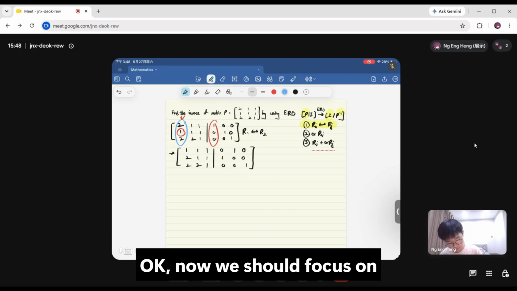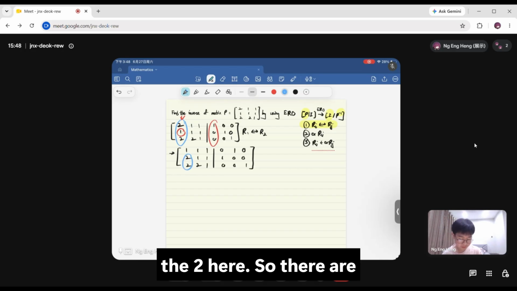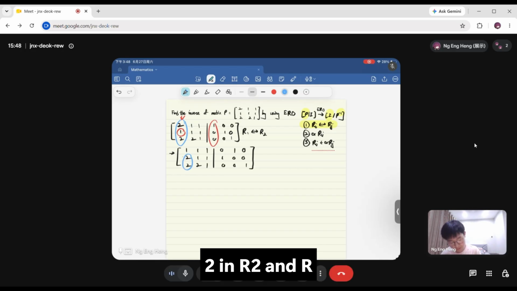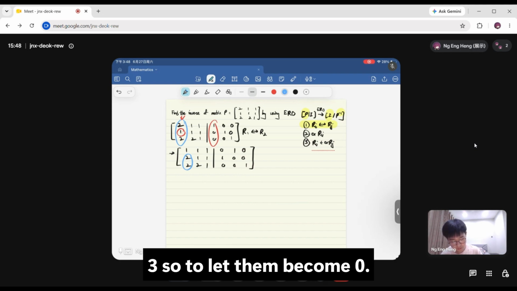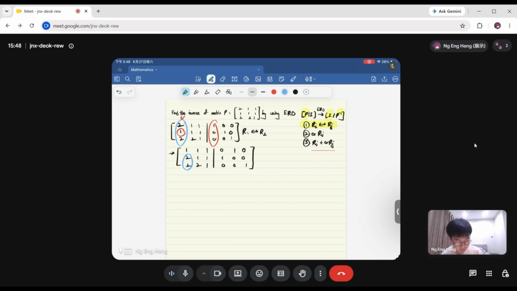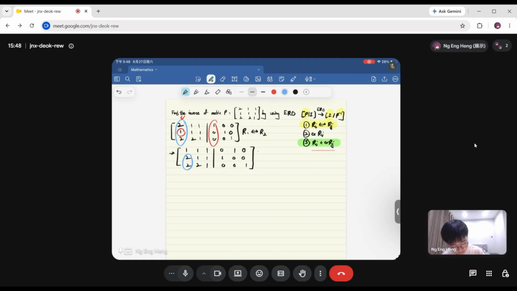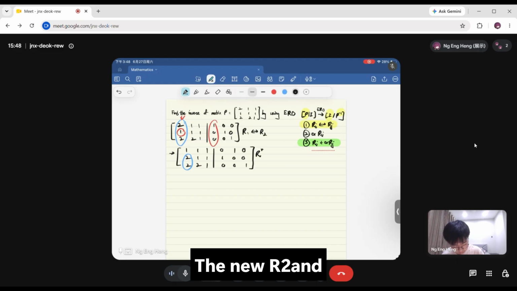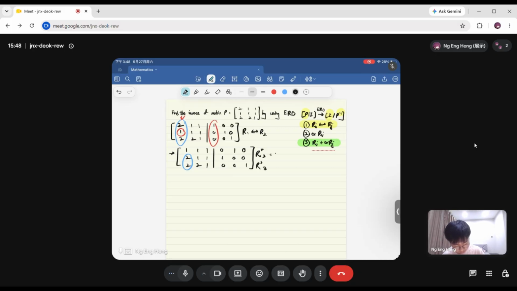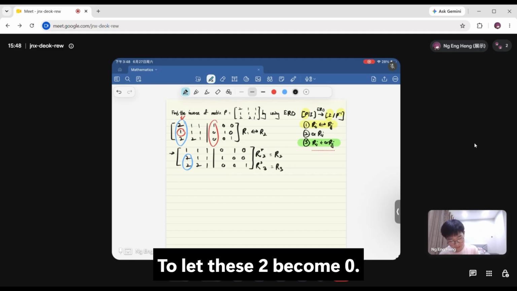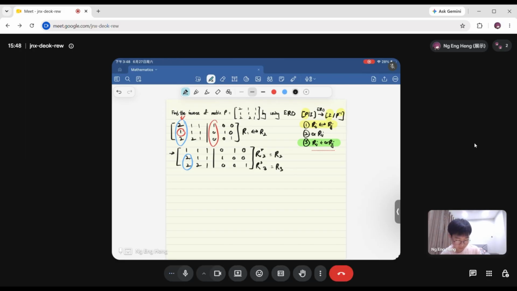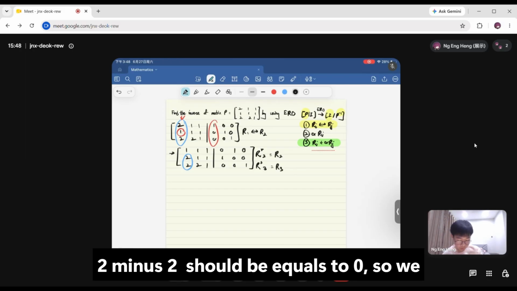Okay, now we should focus on the 2 here. So there are 2s in row 2 and row 3. To let them become 0, I am going to choose the third operation. The new row 2 and new row 3 is equal to row 2 minus 2 row 1, since 2 minus 2 should be equal to 0.